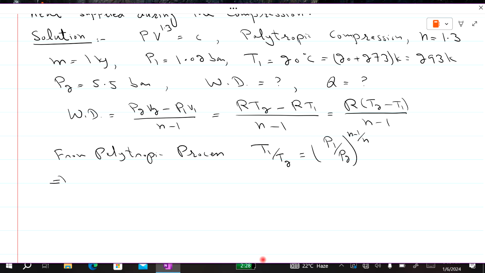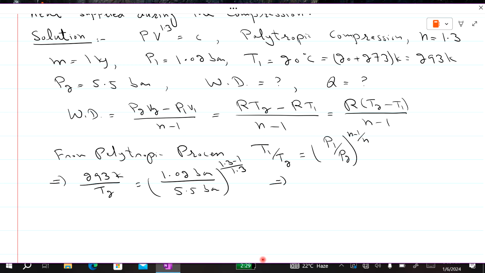T1 is equal to 293 Kelvin, T2 is unknown, P1 is equal to 1.02 bar and P2 is equal to 5.5 bar, and the value of n is 1.3, the polytropic index.